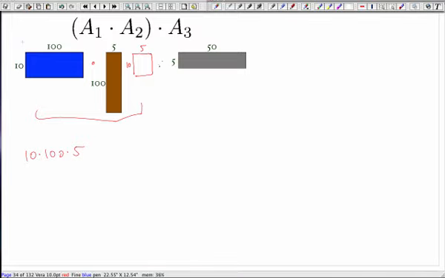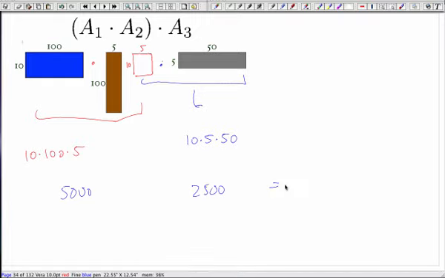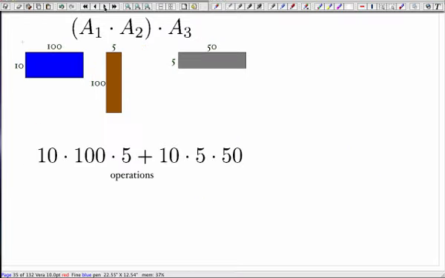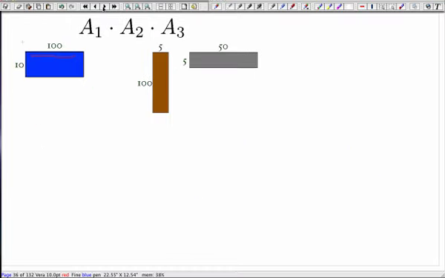And then in order to multiply these 2 right here, it would take what? 10 times 5 times 50. So what do we have here? This is 5,000, and this right here is 2,500. So the total number of operations is going to be 7,500. Remember this number, because the following number is going to be much larger.